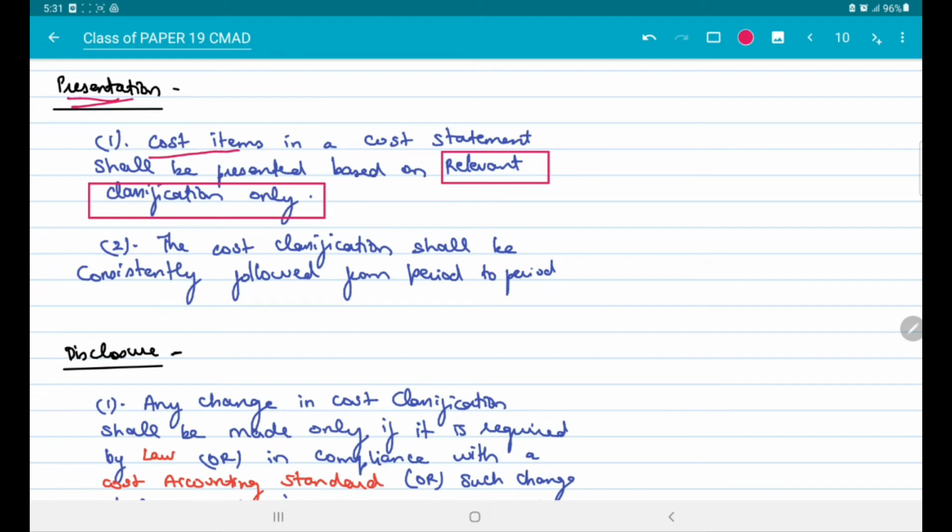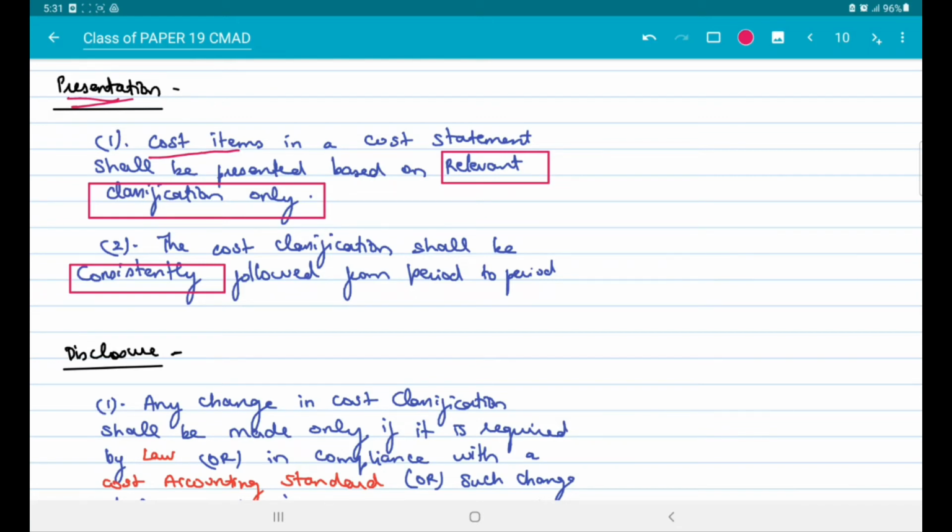So very important, whenever you disclose any cost item, you should consistently follow from period to period. Okay, you cannot change as per your desire or as per your wish. You should follow what cost accounting standards permits to do, which allows to do, you should do.